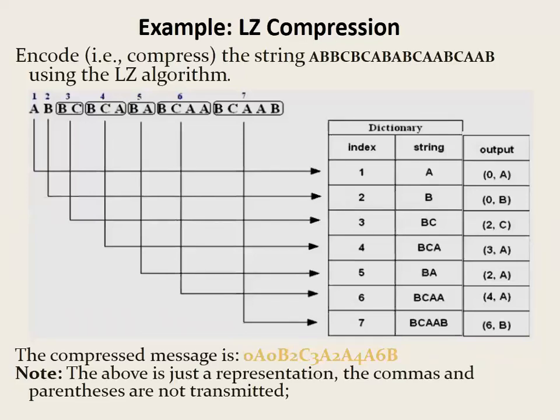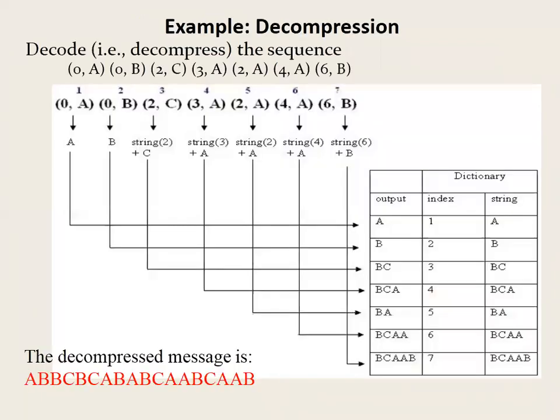The only thing is we have to split our data into two, that means data containing numeric values and a symbol. So we can split it into 0A, 0B, 2C, 3A, 2A, 4A, and 6B. Then rather than bringing output as the end, we can bring output as the beginning during decompression.